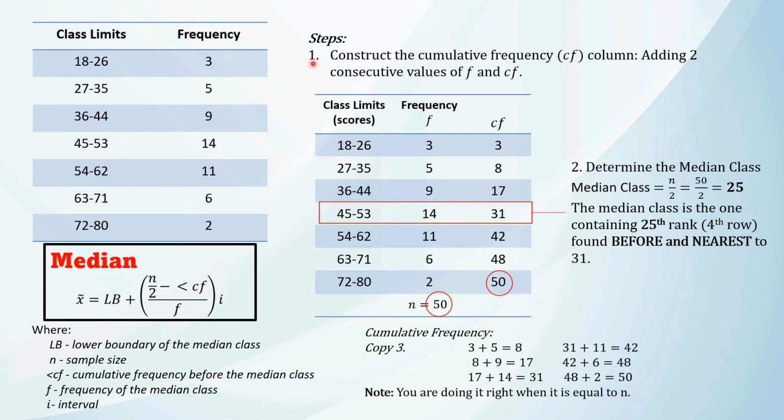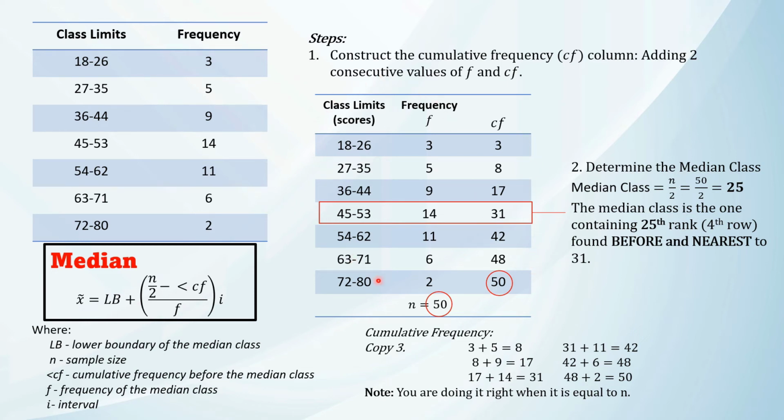So we also have steps in solving for the median of grouped data. Step 1, you are going to construct the less than cumulative frequency column, or just the cumulative frequency column. By adding two consecutive values of F and CF, you can get the other cumulative frequencies.